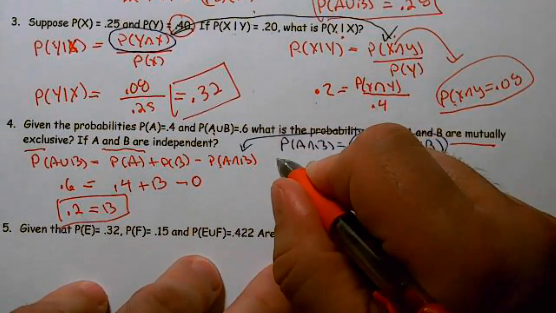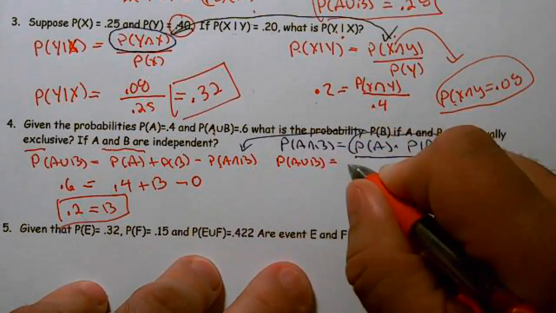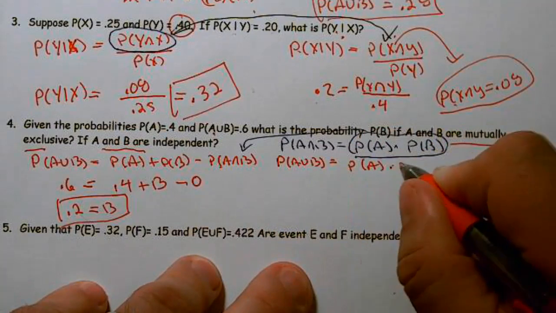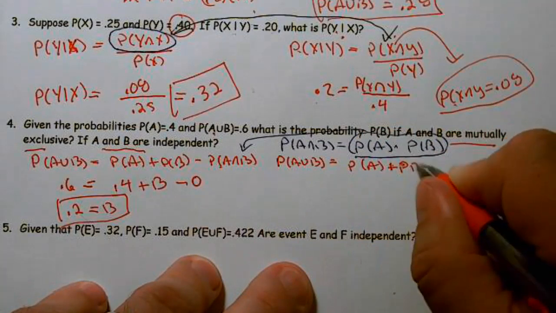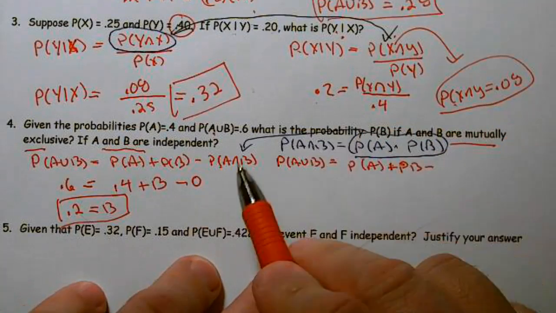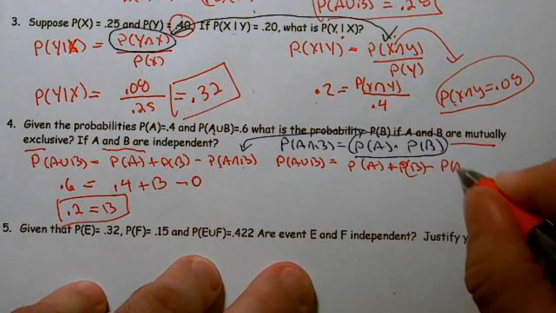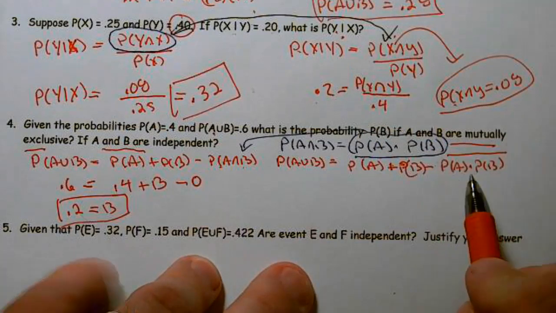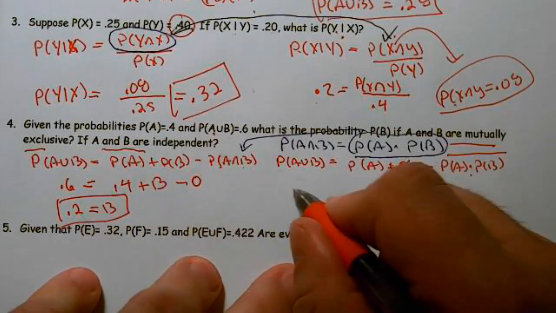So I'm going to have the probability of A union B equals the probability of A plus the probability of B minus, where I substitute in, the probability of A times the probability of B. And this is my substitution right here. Well, we know that A union B is 0.6.